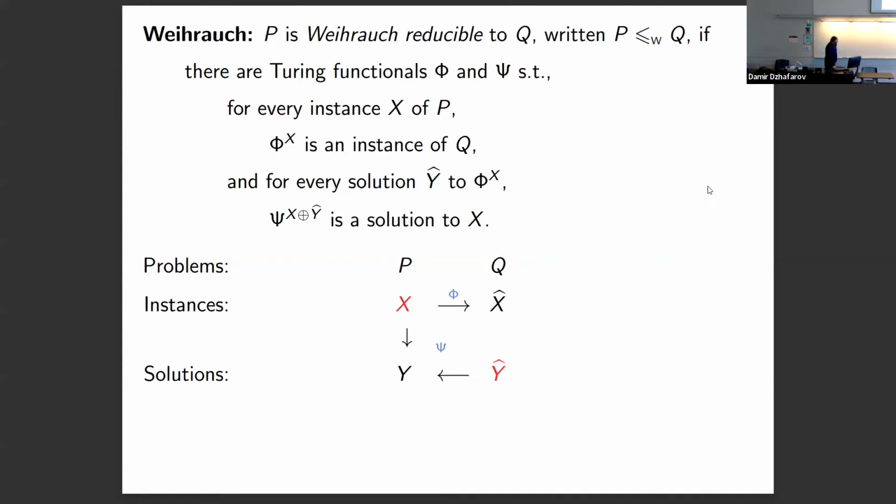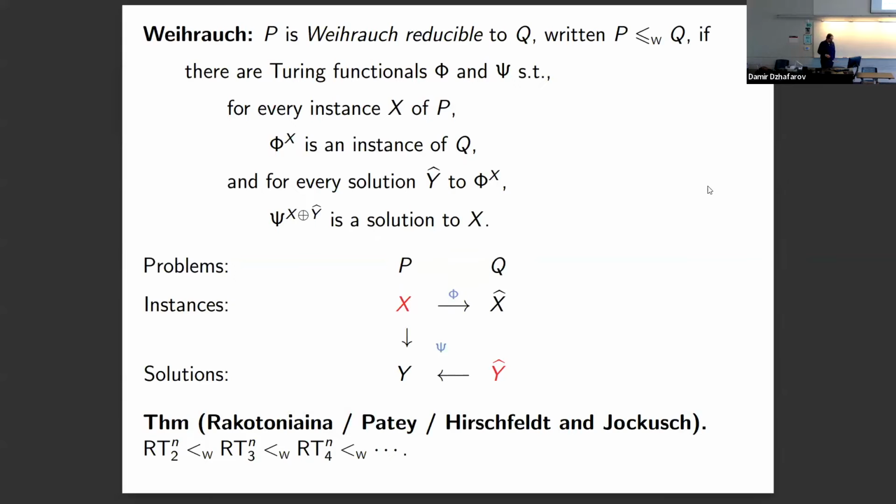So that's the thing. For example, I already mentioned the result that RT^n_2 is strictly below RT^n_3, strictly below RT^n_4, et cetera, computably, that was due to Patey. That result, of course, only started working for n greater than or equal to 2. So the interesting thing about this theorem that showed up in various places around the same time is that it works for n equals 1 as well. So that's the interesting case.